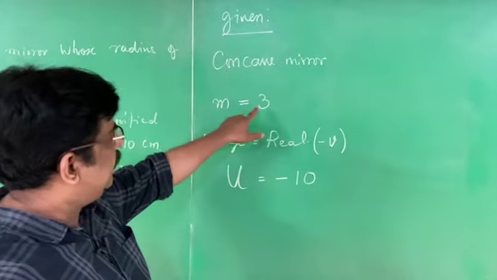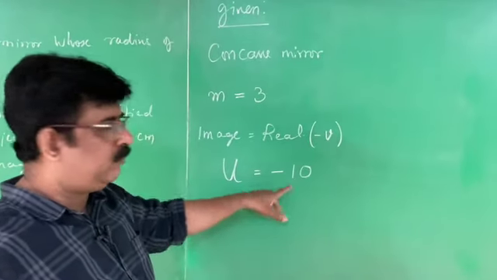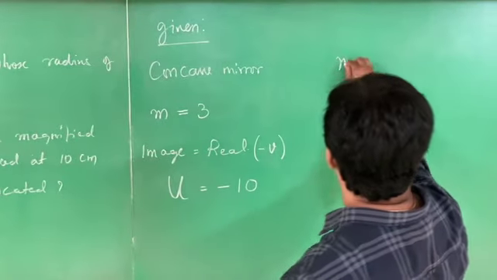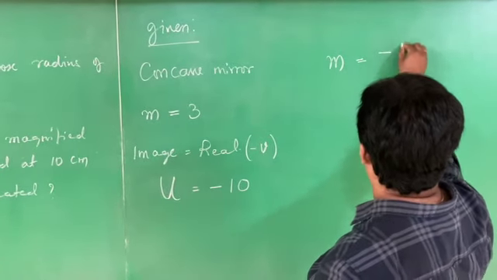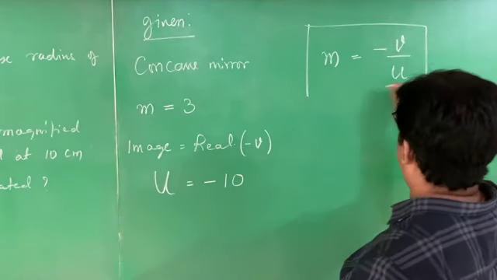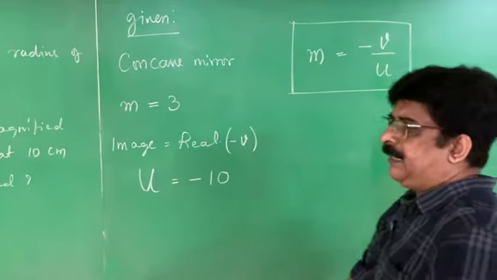Now see, M, V and U: which is the formula? M is equal to minus V by U. This is the formula. For magnification you have 2 formulas.